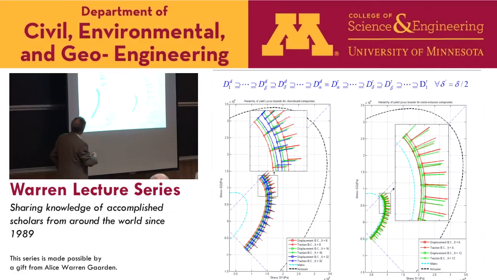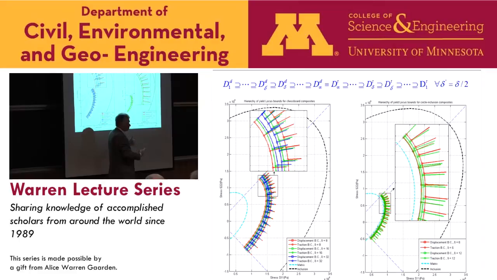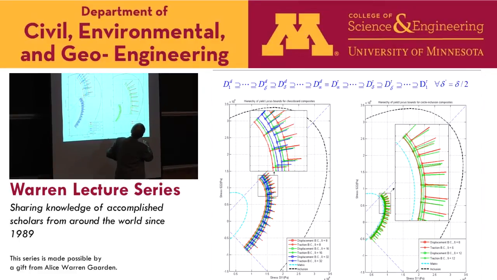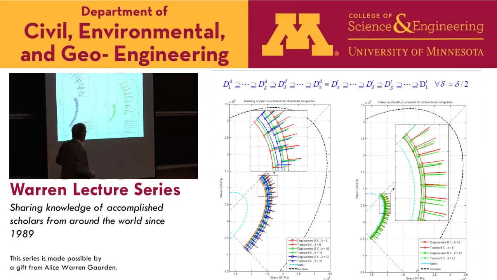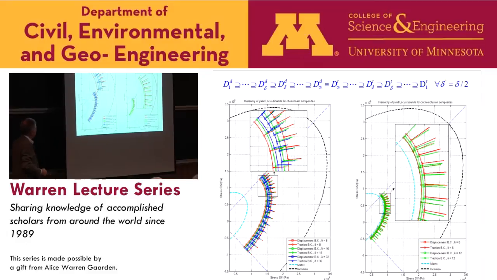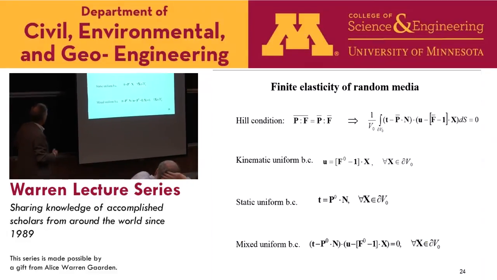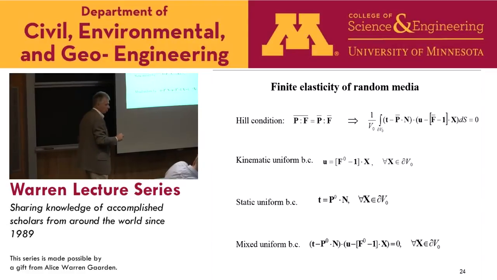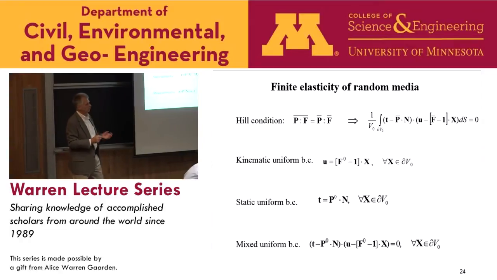But now coming back to the problem of normality, even though both phases were assumed to follow normal flow rule, and we did it by finite elements and everything, clearly I have a departure from normality here. It's like 80-something degrees, and not 90 degrees on finite scales. One can apply this approach also to finite elasticity of random media. And so we know from continuum mechanics that there are various conjugate pairs of stress and strain measures.